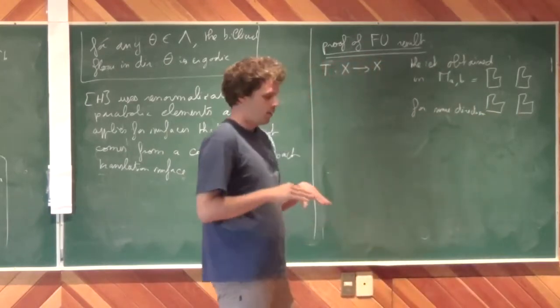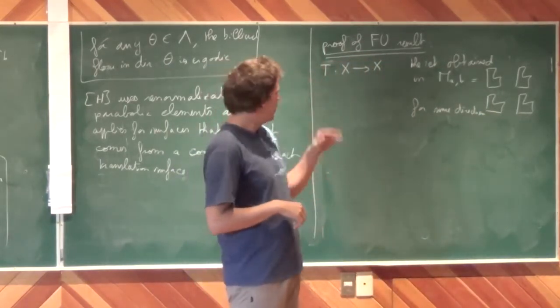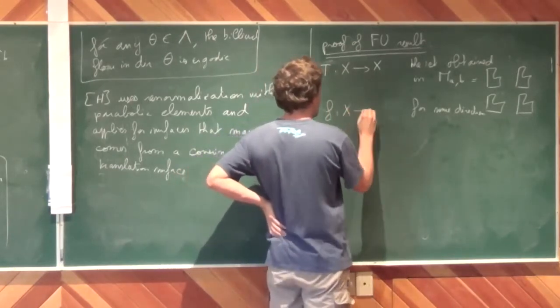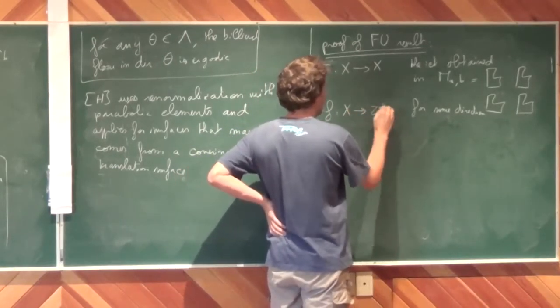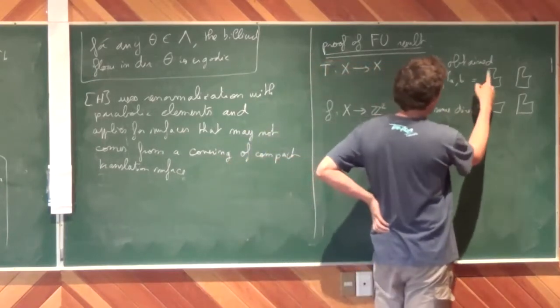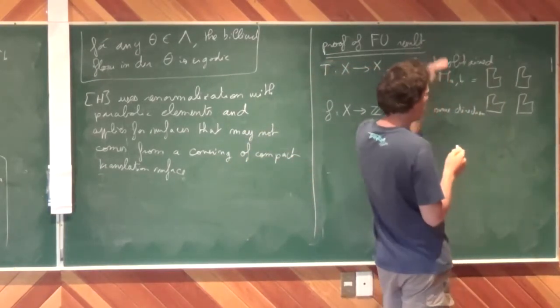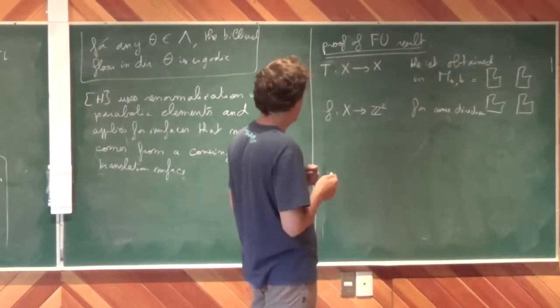And recall that the dynamics of this infinite surface is given by a function from X to Z^2, which tells you, depending on which interval you are in, whether you stay in the same fundamental domain or you go up, right, left, or down.